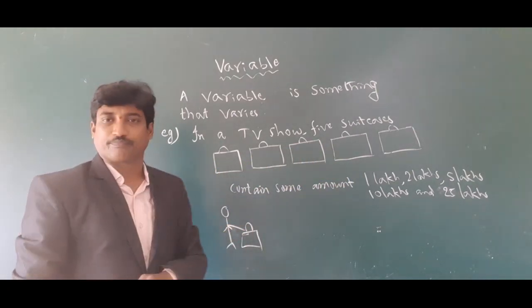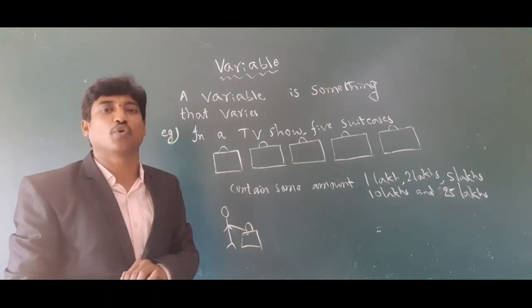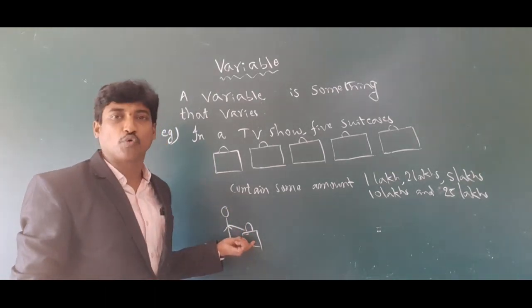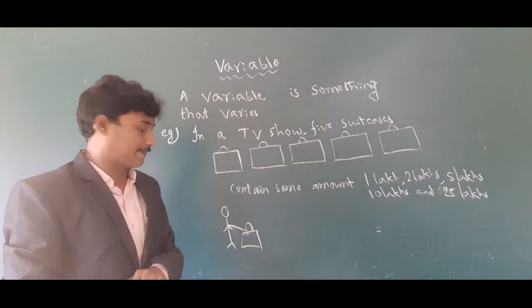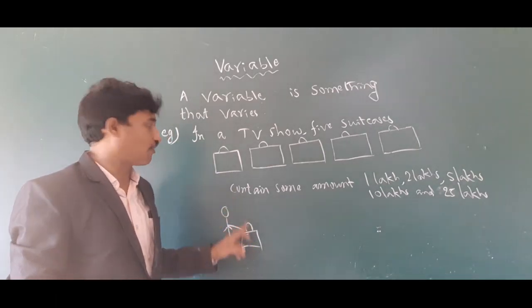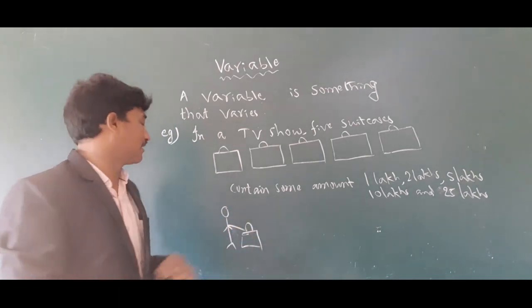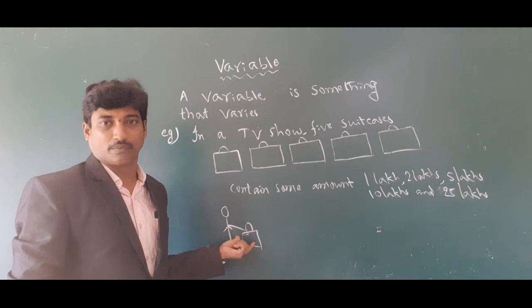At present, one player picked one suitcase. We don't know what the amount in that suitcase is. It may be 1 lakh or 2 lakh or 5 lakh or 10 lakh or 25 lakh. At present, it is unknown.